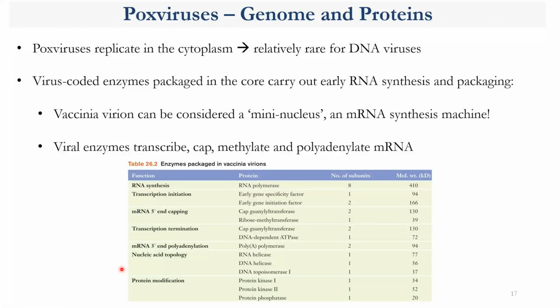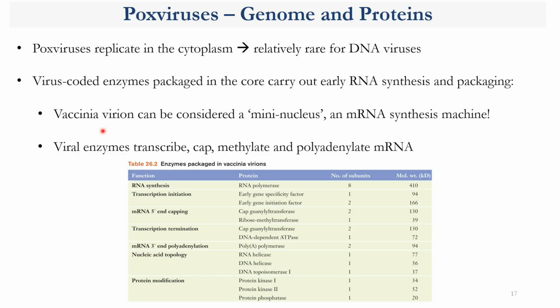Now, these viruses, like I said, don't replicate in the nucleus, which is relatively rare for the DNA viruses. They tend to replicate in the cytoplasm, okay? Because what ends up happening is, as you make the DNA copy and then you make all those proteins, all the virus-coded enzymes get packaged in the core, and these are the ones that will carry out the early RNA synthesis, as well as packaging of the material.